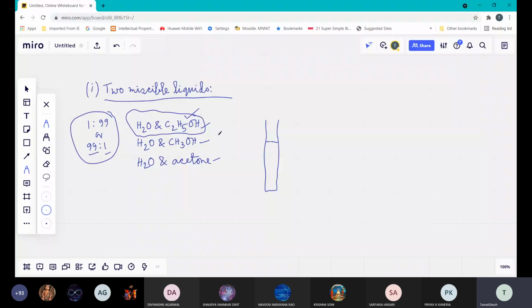You can take any ratio, 1 ml of water with 99 ml of ethanol, or 99 ml water with 1 ml ethanol. These two are extreme ratios. In between, if you are taking any ratios, they will be water and ethanol.